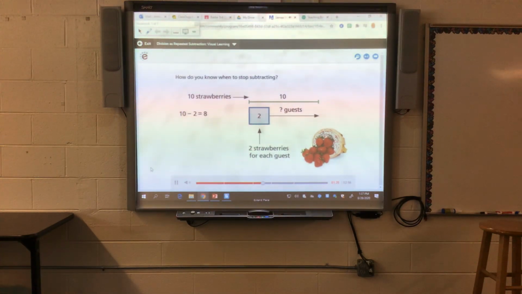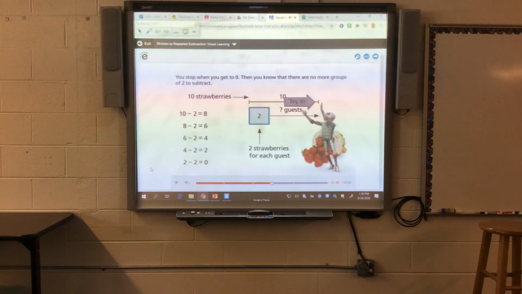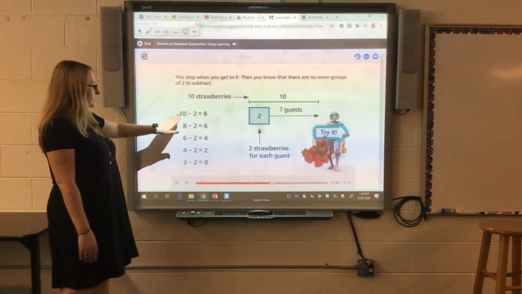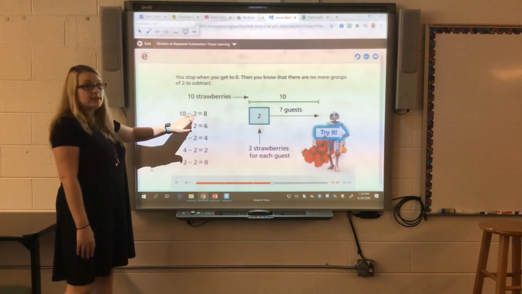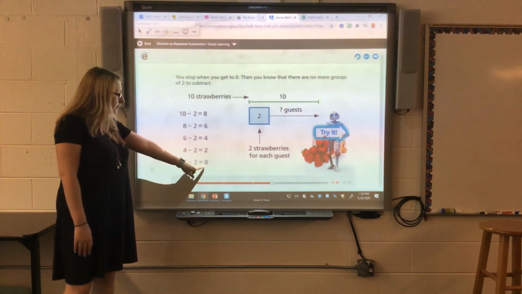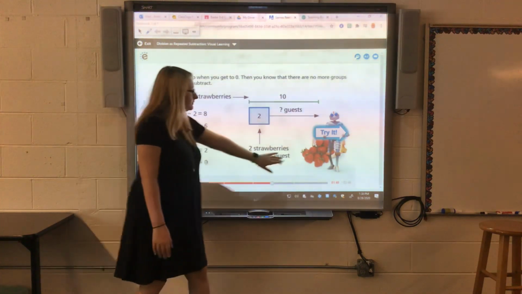How do you know when to stop subtracting? You stop when you get to 0. Then you know that there are no more groups of 2 to subtract. We start with 10 and we keep taking away 2 until we reach 0.